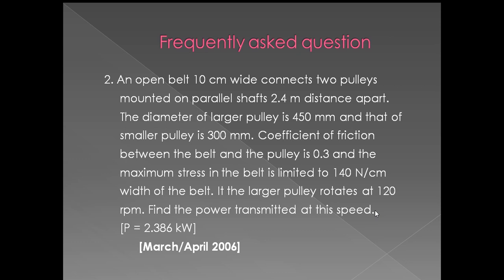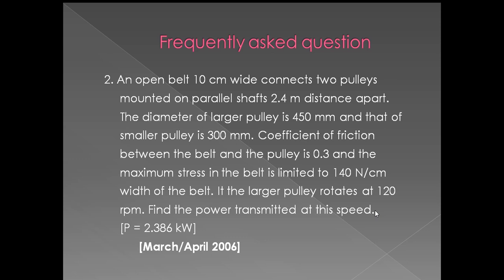So P equals T1 into (1 minus 1 by e power mu theta) into V. From this, you need to find T1.